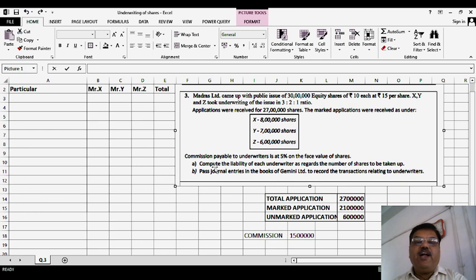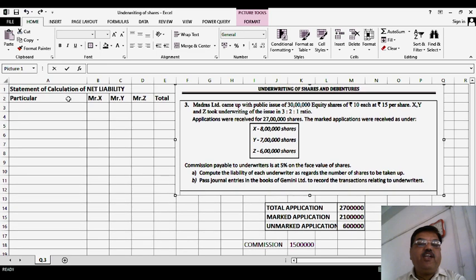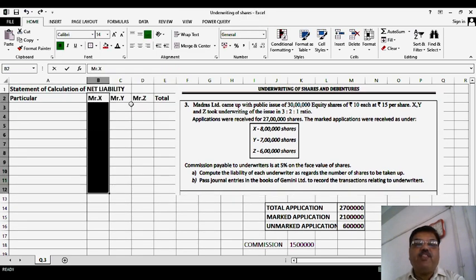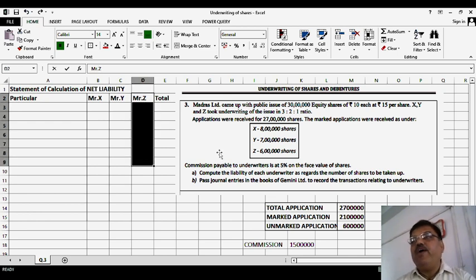Now what they said is compute the liability of each underwriter as regards the number of shares to be taken up. अभी क्या पूछा है उन्होंने कि आपको ये टेबल बनाना है, नेट लाइबिलिटी निकालो हर एक का. मिस्टर एक्स का नेट लाइबिलिटी कितना है, वाई का कितना है, जेड का कितना है, that we have to calculate. And second one, pass journal entries in the books of Madras Limited to record the transactions related to underwriters.